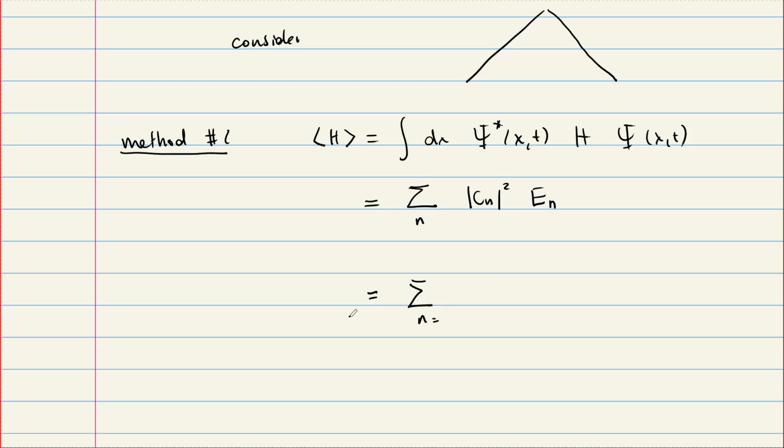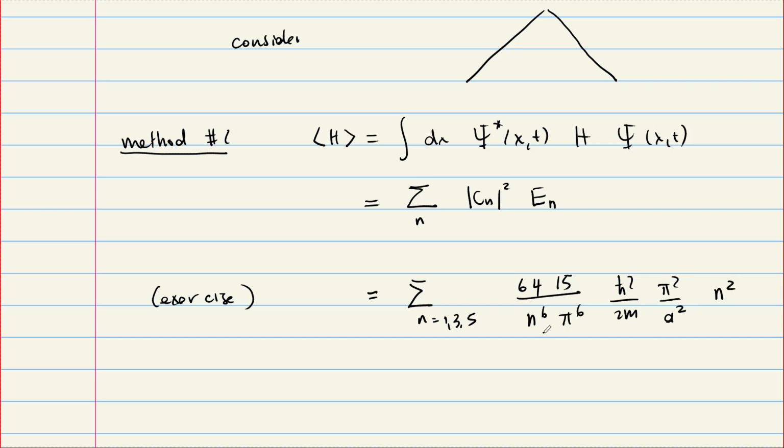Let me write the result again. As an exercise, n runs over 1, 3, 5, and so on, with 64 times 15 divided by n to the 6 pi to the 6, times the energy, h bar squared over 2m, pi squared over a squared, n squared.